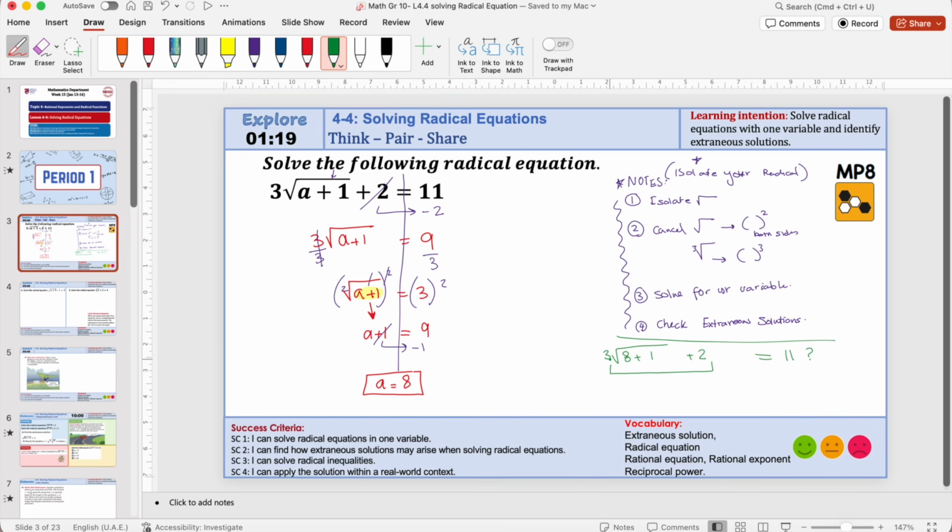It's root of 8 plus 1, which is 9, plus 2. Yes, it is 11. So we got the same answer on both sides. So it's a real solution, no problem with that. If you got a math error or it's not equal to the other side, then it's an extraneous solution. So no extraneous solution here.